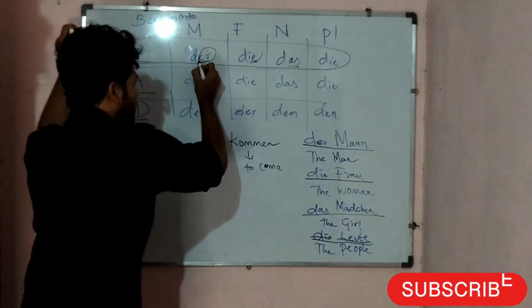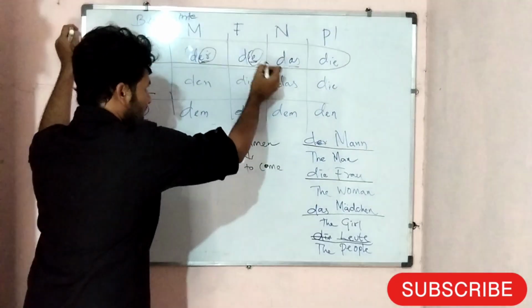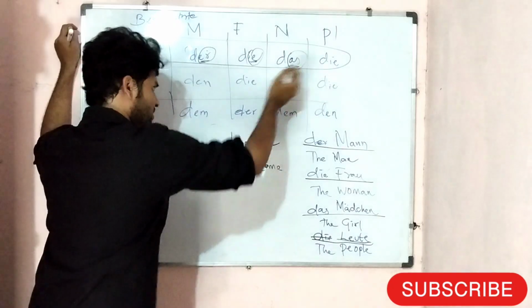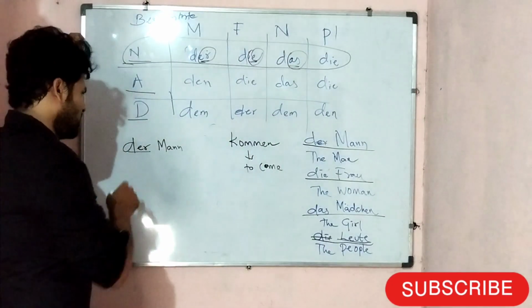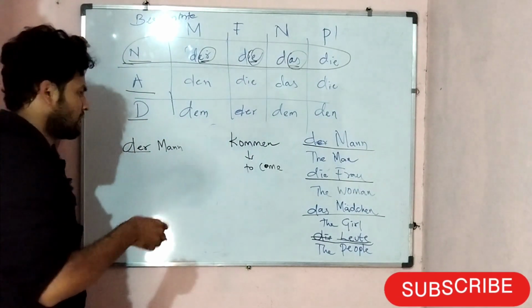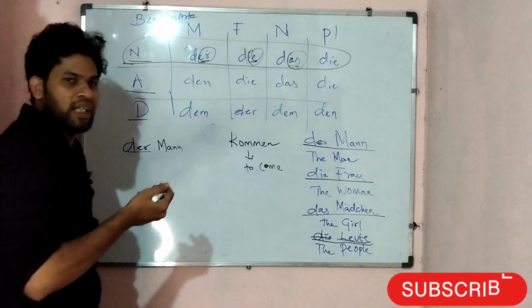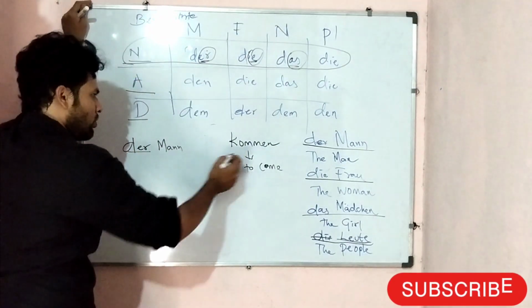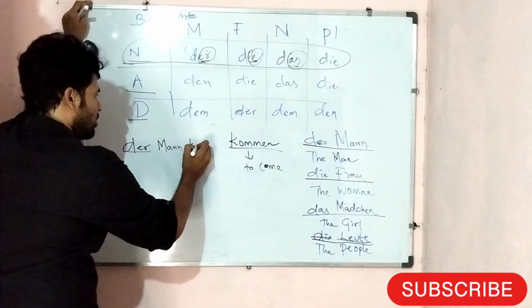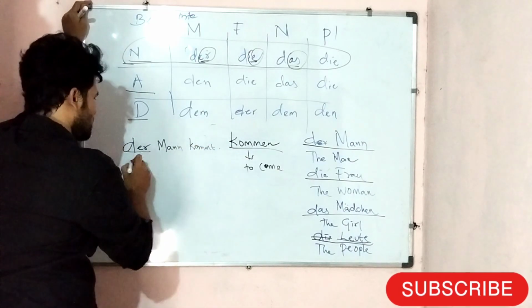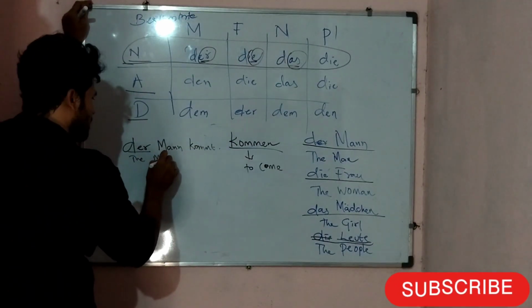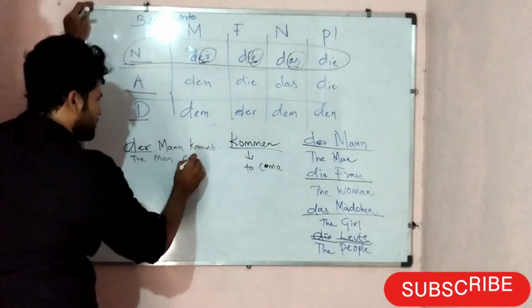Same thing, he, she, it. What is the verb ending for it? It is t. So kommt. Der Mann kommt, which means the man is coming or the man comes.